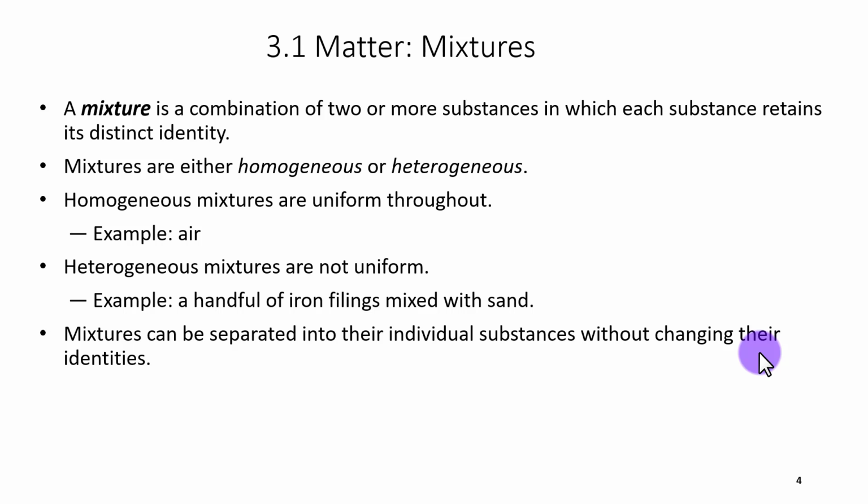When I have sugar water, I still have the sugar in there and I still have the water. I have not changed them into different compounds or different molecules. So when I make a mixture, that is not a chemical reaction occurring. In a chemical reaction, I take my original substances and I convert them into something else. When I make a mixture, I still retain those substances that I'm mixing together.